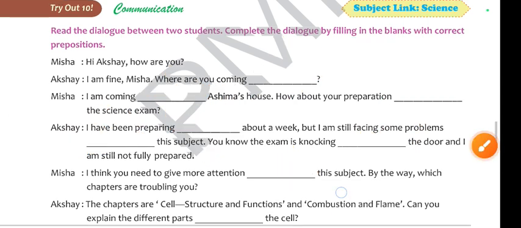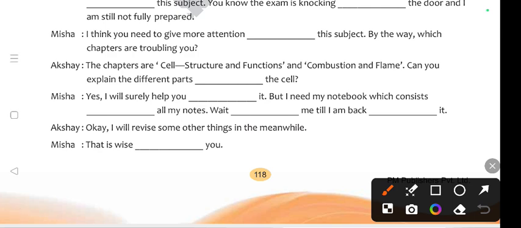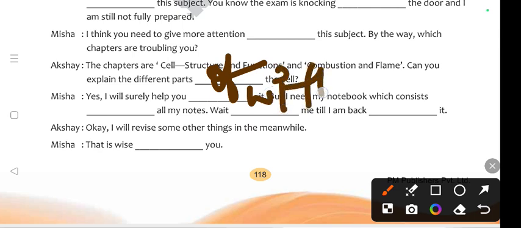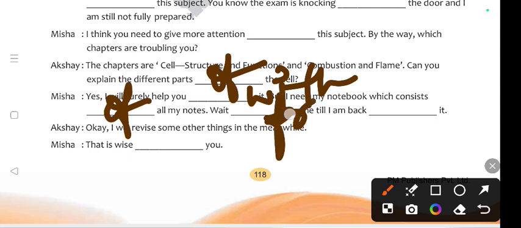Akshay, the chapters are cell structure and functions, combustion and flame. Can you explain the different parts of the cell? Yes, I will surely help you with it. But I need my notebook which consists of all my notes. Wait for me till I'm back with it.